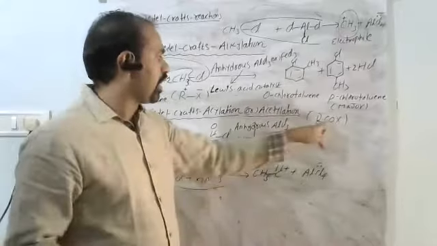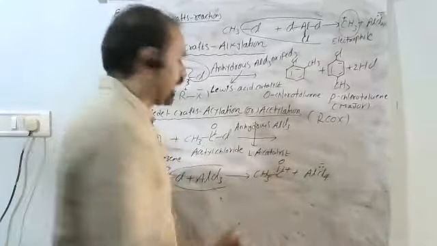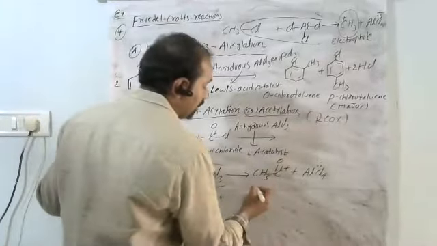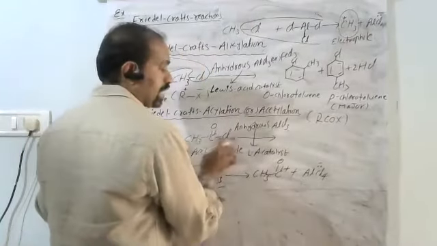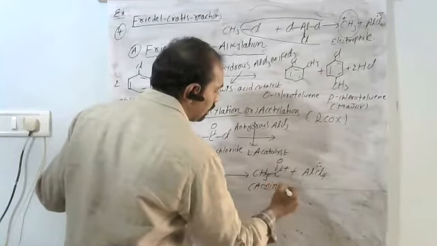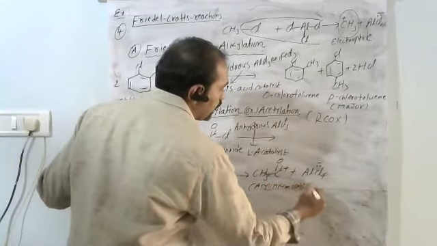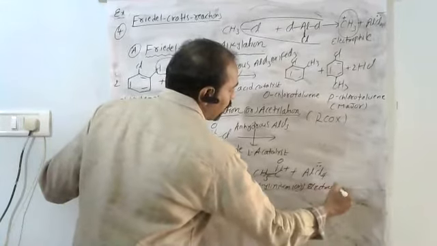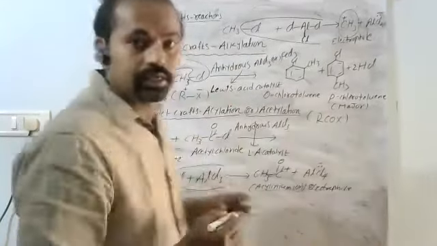So indirectly here RCO+ is an electrophile, the acylium ion. Acetyl chloride gives the electrophile called the acylium ion.